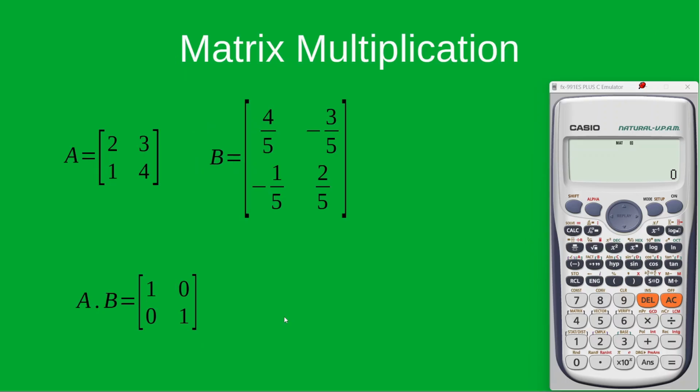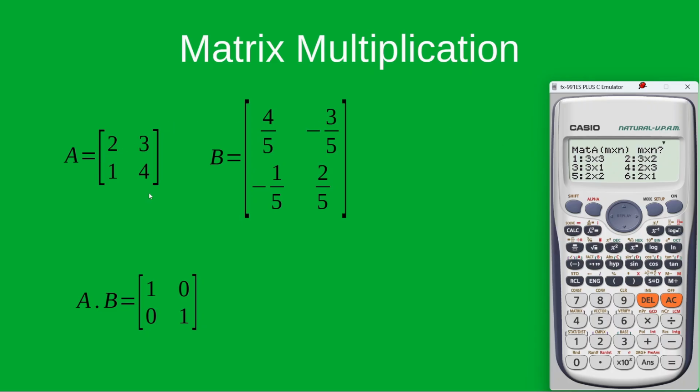Now let's understand how we multiply two matrices. We have two matrices here. A is 2, 3, 1, 4, and you have B. If you want to multiply them in the calculator, how do we do it? In the Casio calculator, click Mode and click 6. Now, let's enter matrix A. For this, press 1.